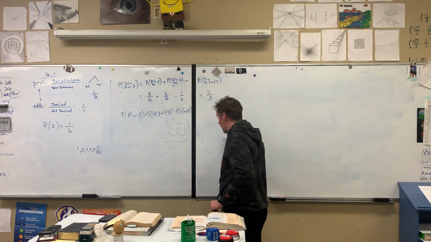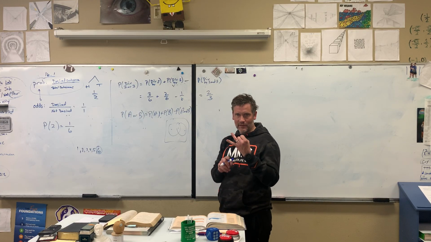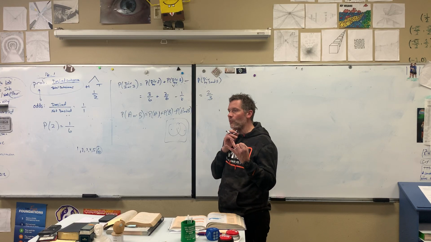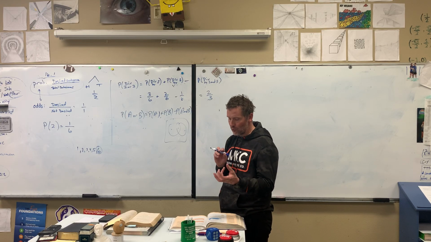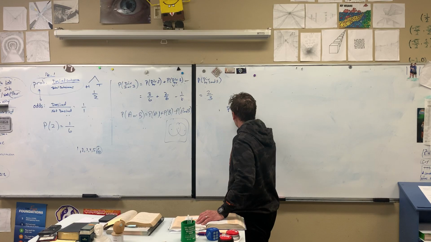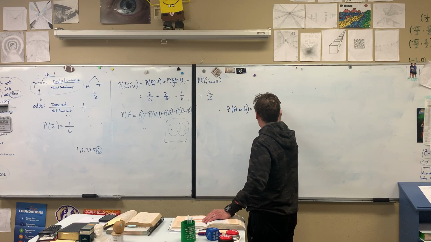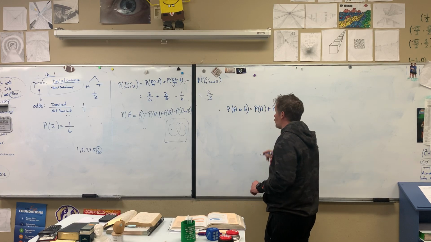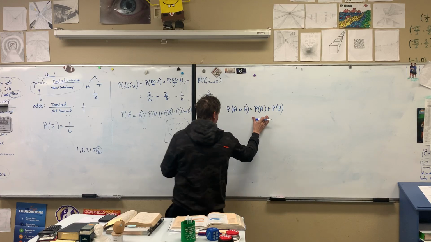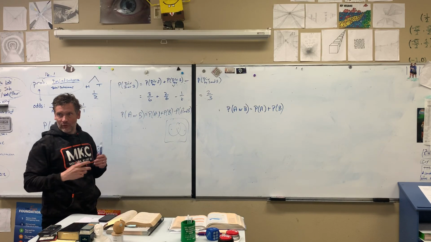A 3 and even numbers aren't the same, so there's no crossover. So 2 events are mutually exclusive if P of A or B comes out to be P of A plus P of B. If there's no overlap, they're mutually exclusive. If there is overlap, they're not.